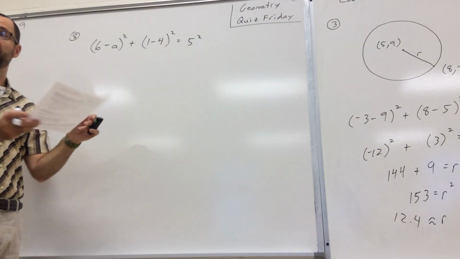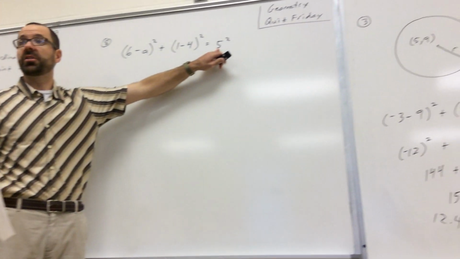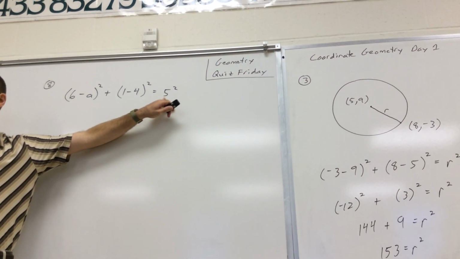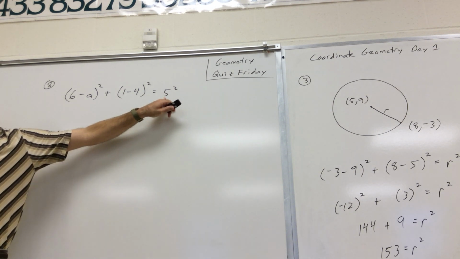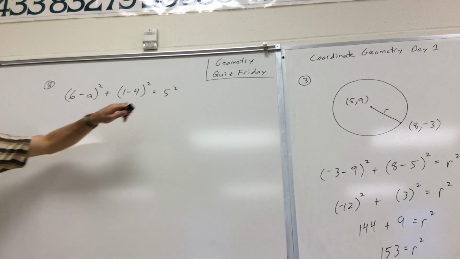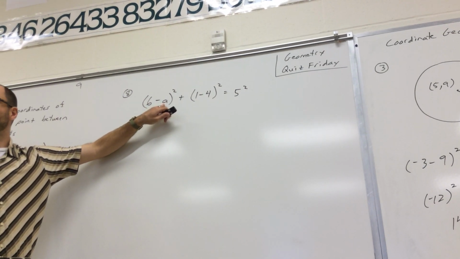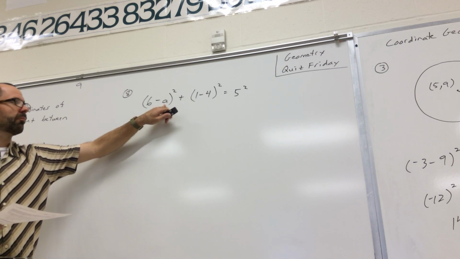So this problem is a little bit different because usually the thing we don't know is right there. Usually we put d squared there. But this time the distance is 5, so that's why we're putting 5 there. And what we're looking for is this number over here. So it's a little bit different, but I'll show you how to do it.